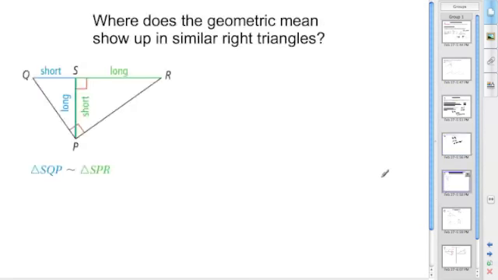Next you have the two triangles, again asking where the geometric mean shows up in the similar right triangles.